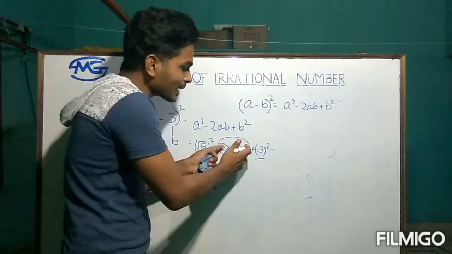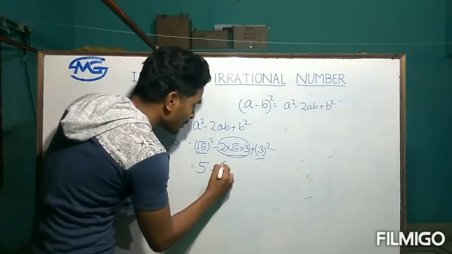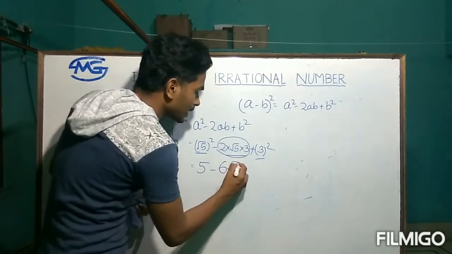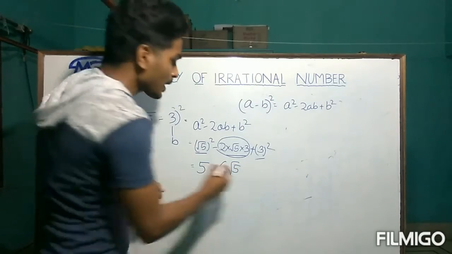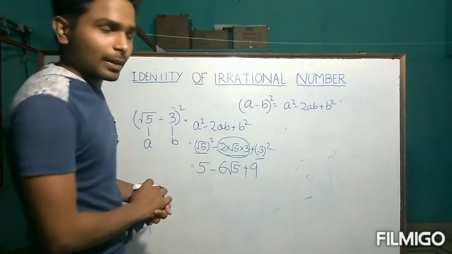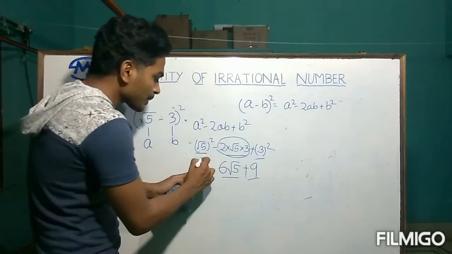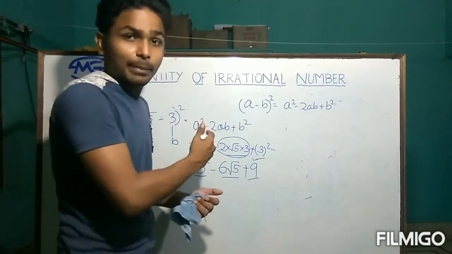So these 2 rational numbers can be multiplied to give a rational number. So 2 into 3 is 6 and the remaining is root 5. Plus 3 square is how much? 9.